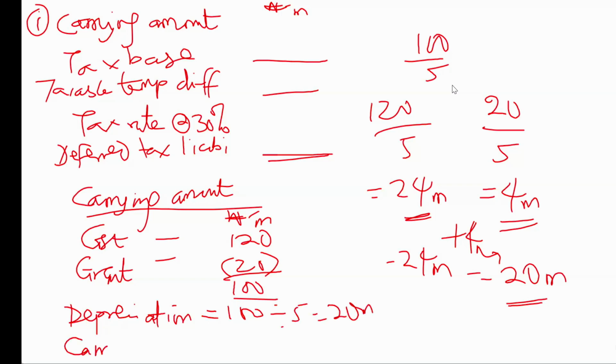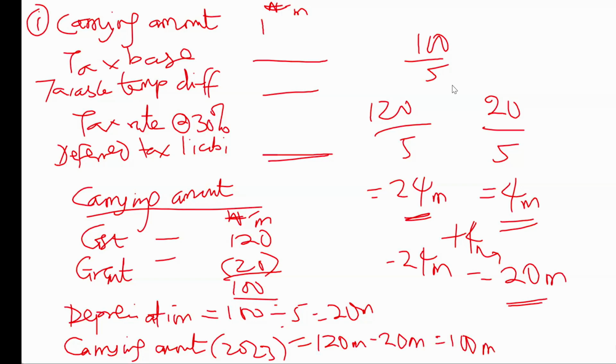Now, carrying amount for 2023. Let me be sure, because I have assumed that it's 2023 this whole time. They said we purchased on 1st November 2022. So by 31st October 2023, that's 1 full year. My carrying amount should be 120 million minus 20 million, the depreciation of that 1 year, and then I have 100 million.